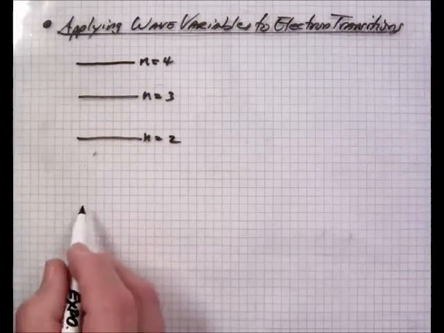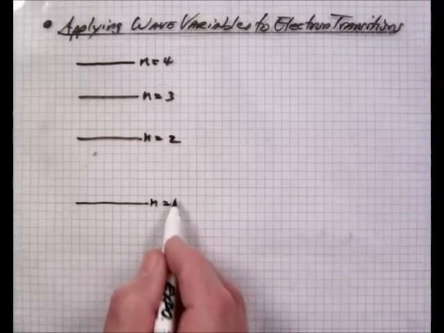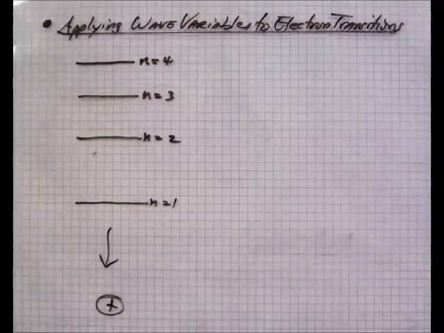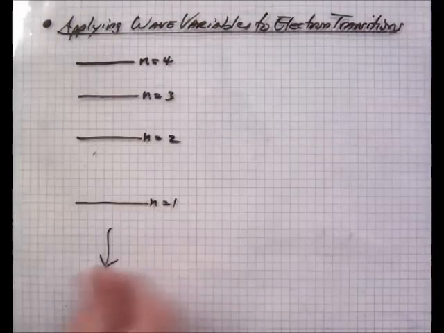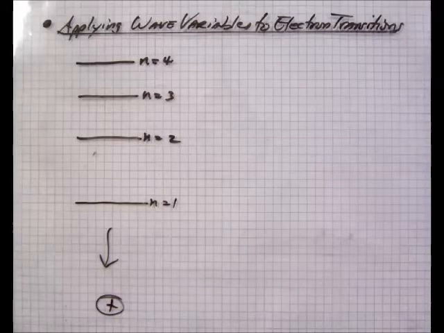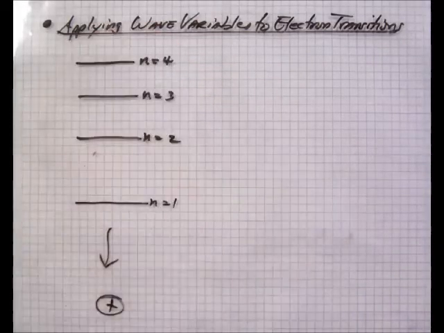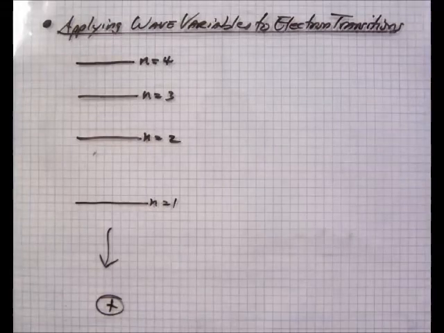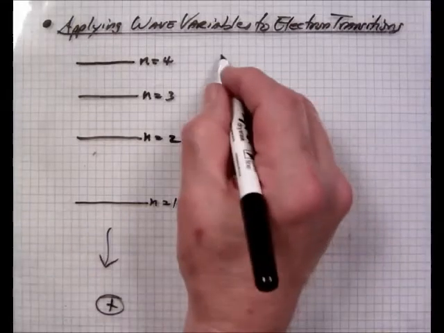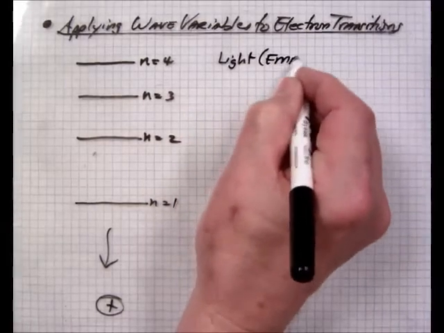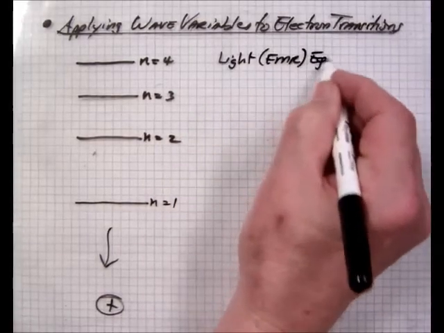Well, you have n equals 1 down here, and then you've got your nucleus way down there, 1.5 miles away or so from here. We're just going to work with the transitions between the different levels. Okay, how do we deal with that? Light or EMR equations.